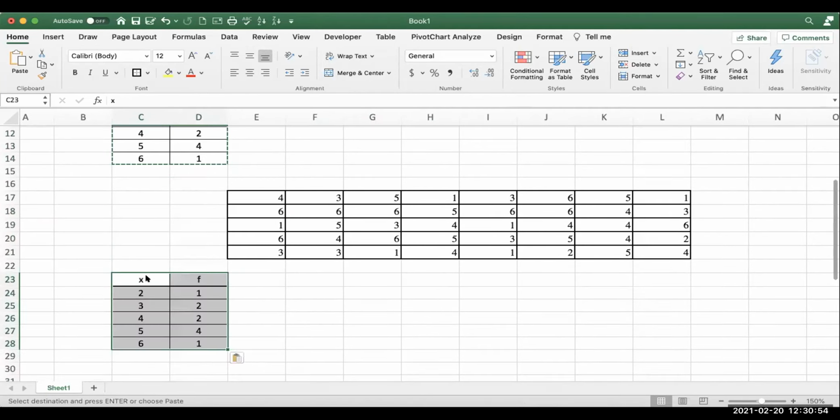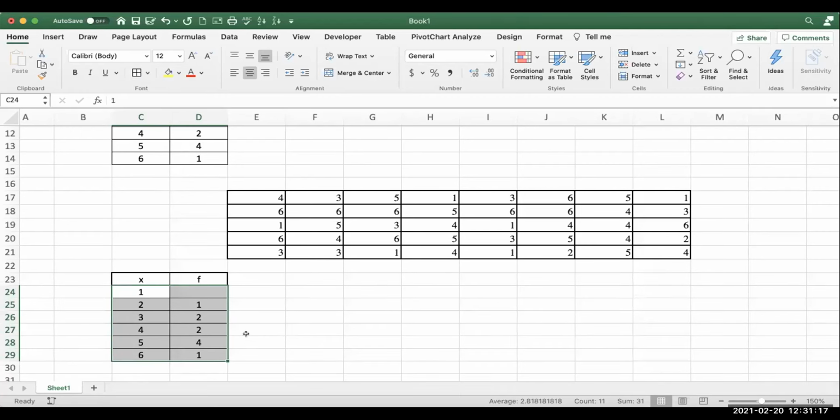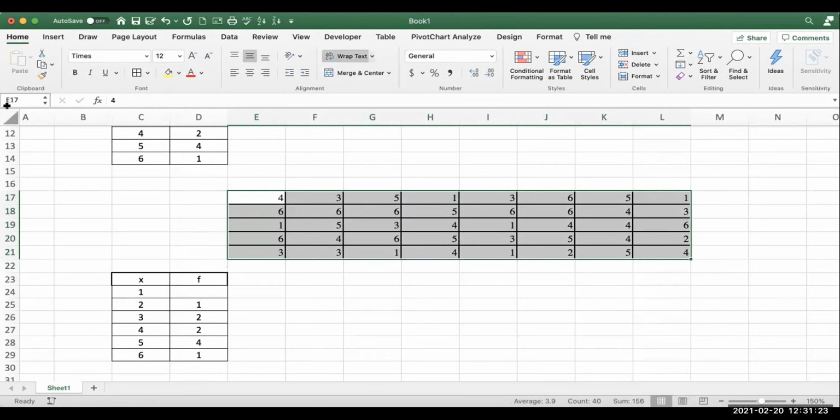So I'm lazy. Okay, so it has a 1 in here. So there's a 1. Let's make this all a nice color. Okay, so it goes 1 through 6. So let's call this X instead.